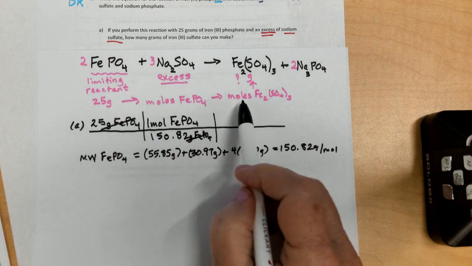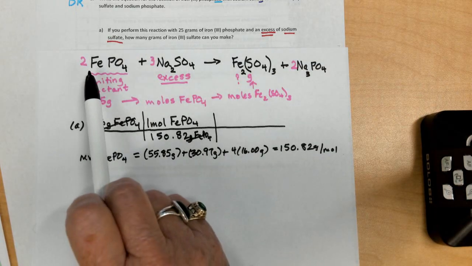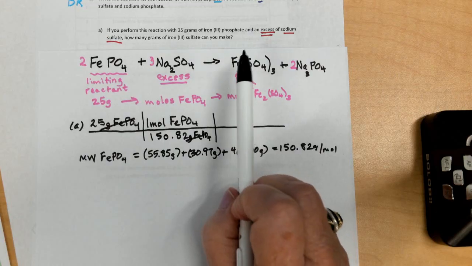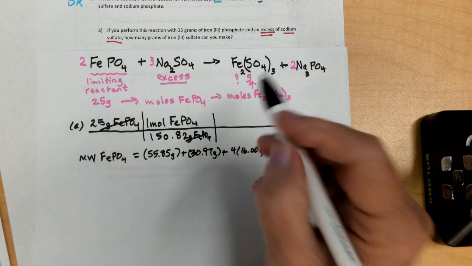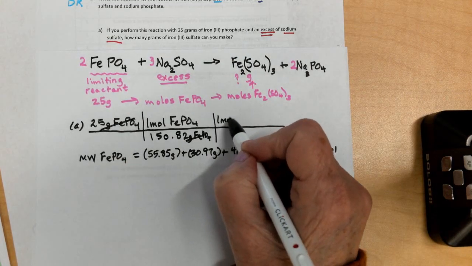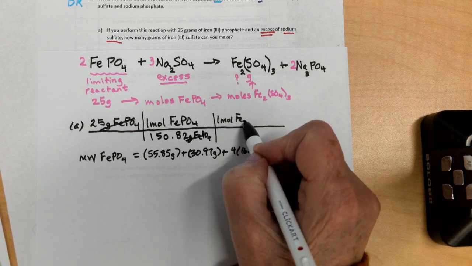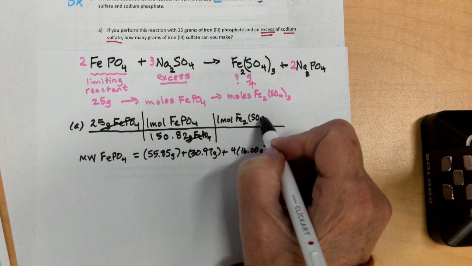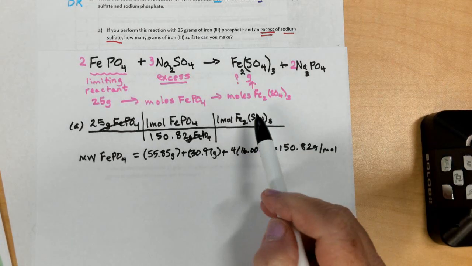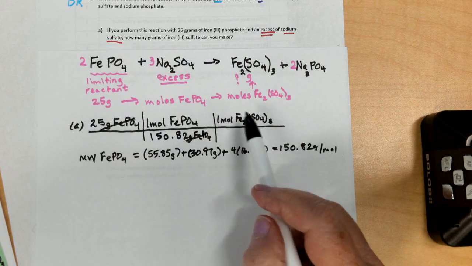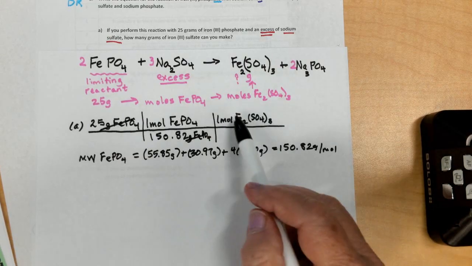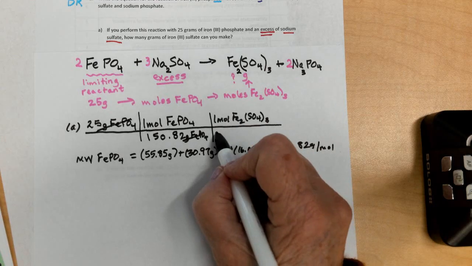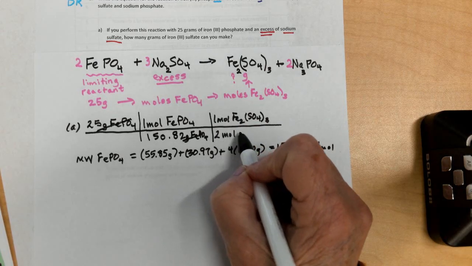I need to use coefficients. So I'm going from this to that. That is a 1 to 2 mole ratio. So 1 mole of the iron 3 sulfate. Notice iron 3, but its subscript is not a 3, right? Cross it over. But iron 3 sulfate to 2 moles of iron 3 phosphate.